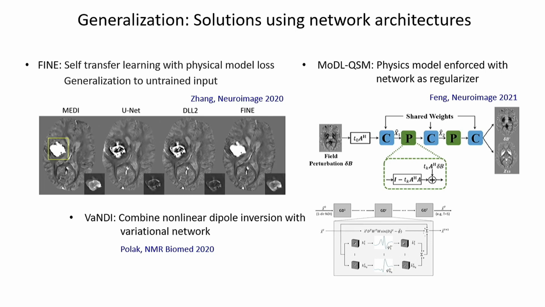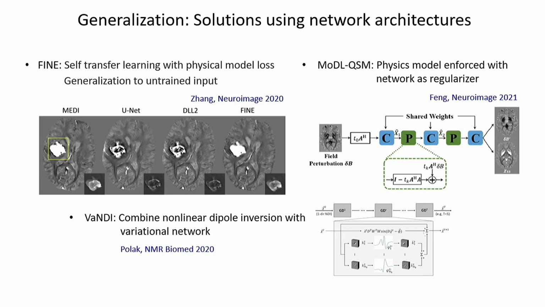A different approach is enforcing your physics model in your reconstruction algorithm combined with the neural network. One of those ideas is this approach, which is a self-transfer learning with physical model loss, so that it can be generalized for a data set that it was not trained on. Again, they are enforcing the model so that they can update the neural net weights on every data set.